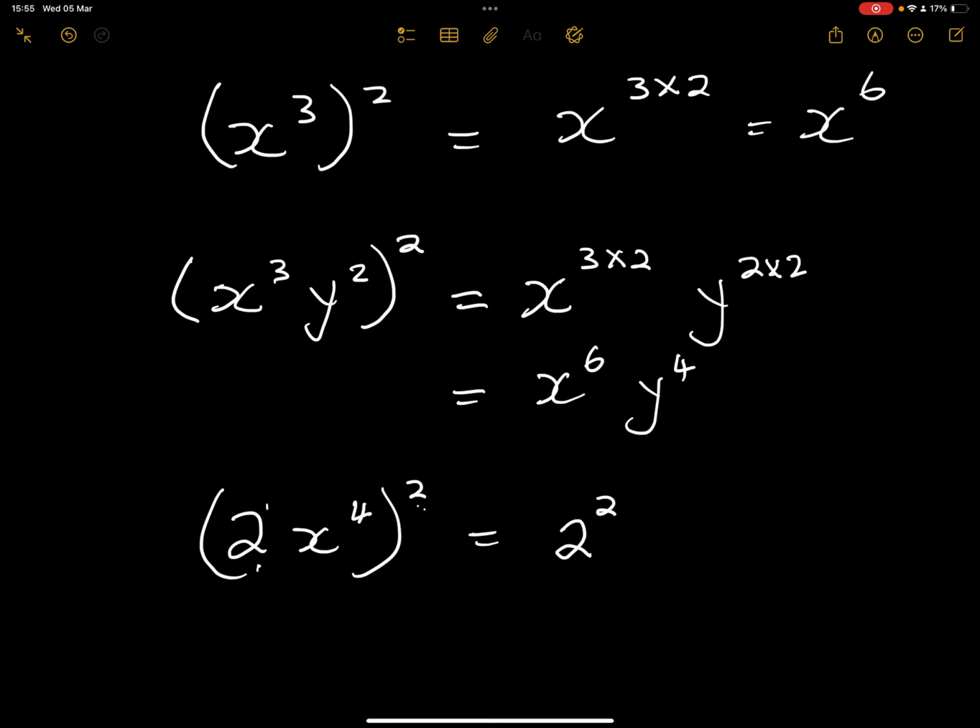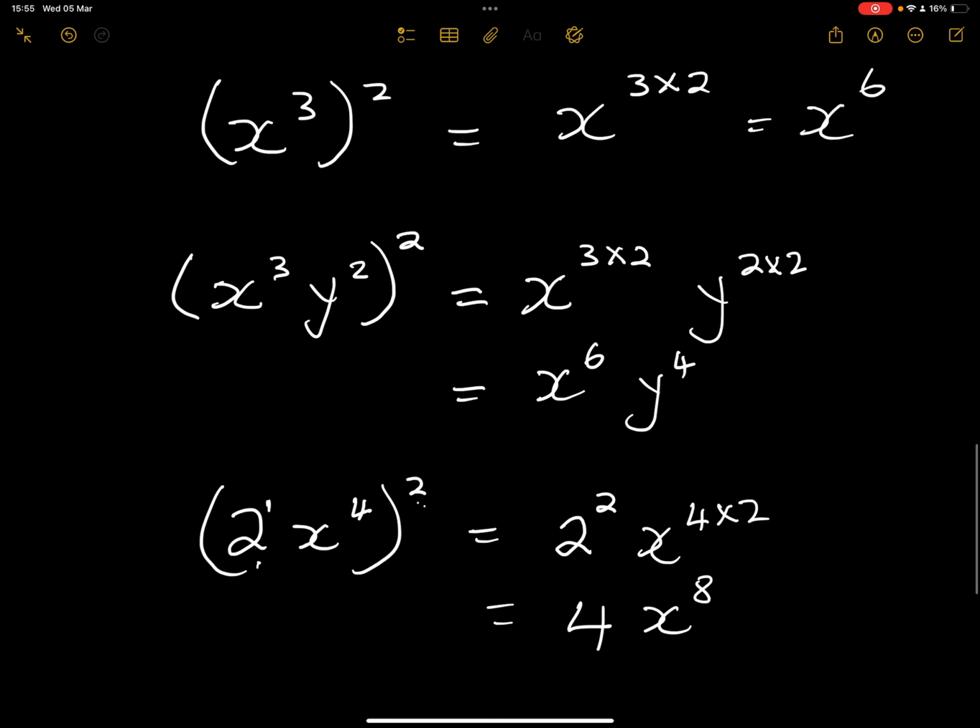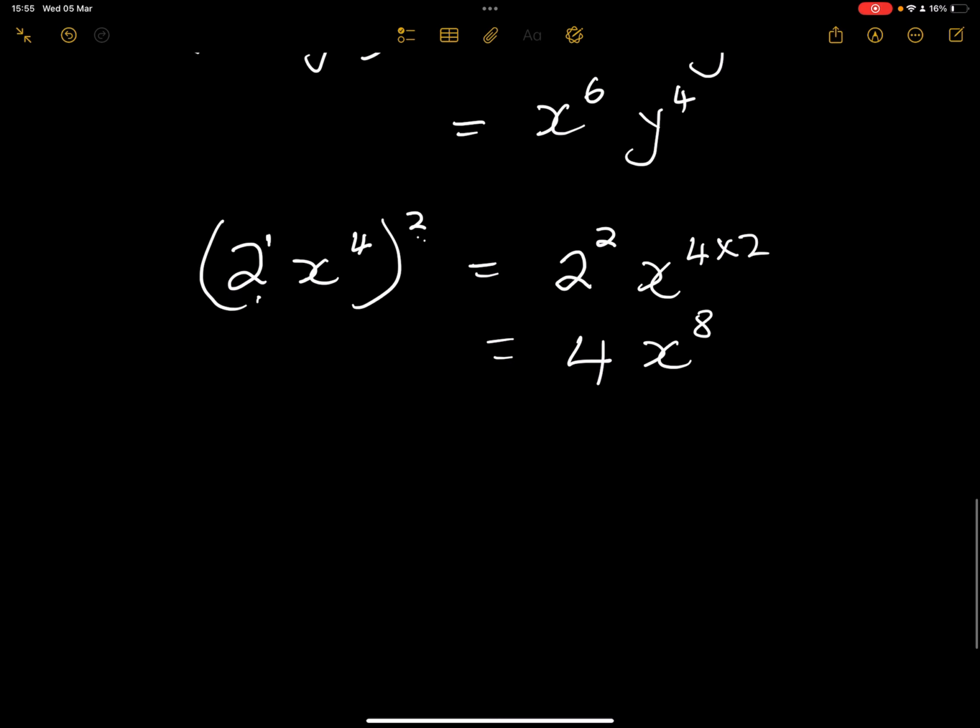We have a 1 there, so that will be 1 multiplied by 2, and so that will give me 2, okay? And x will also be 4 times 2, and so my answer will be 2 squared is 4, and x to the exponent of 8. Right, so I am going to move on from that one.